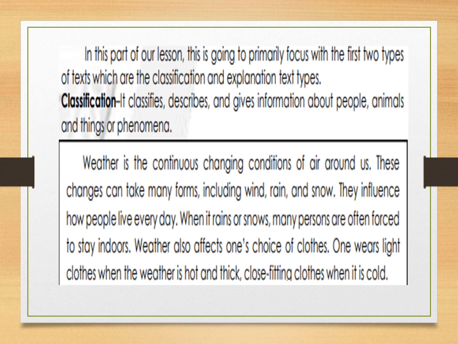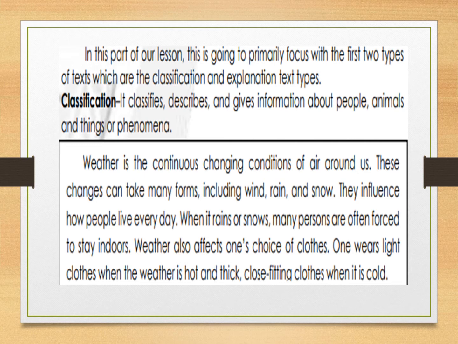The classification text type classifies, describes, and gives information about people, animals, and things or phenomena. Example: weather is the continuous changing conditions of air around us. These changes can take many forms including wind, rain, and snow.